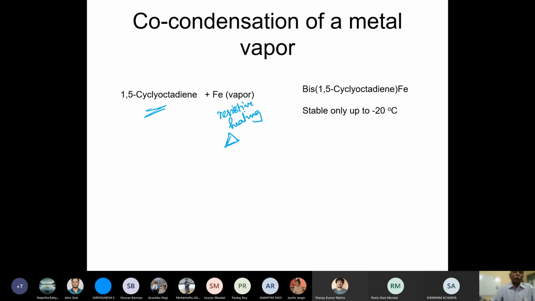Sorry, I showed you the complex with nickel, but this forms a 16-electron complex now. For the same reason, steric problems are there. It can't form a 5-coordinate species. It forms only a 16-electron complex, and so it is stable only up to a low temperature.